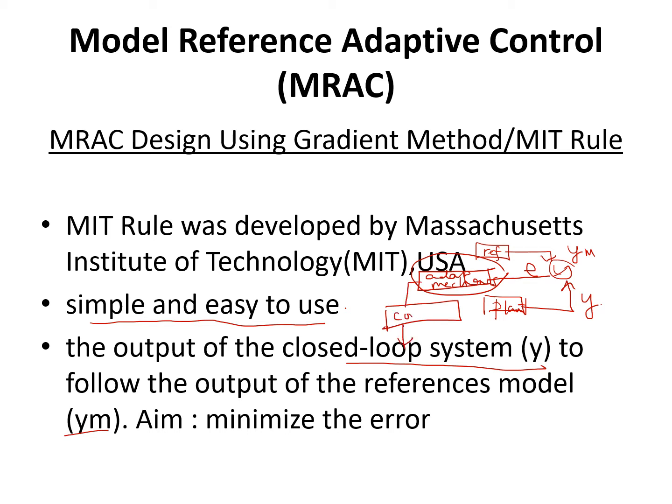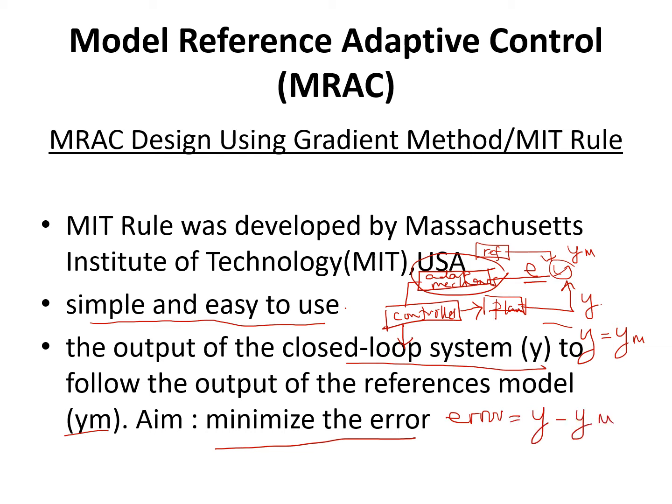We want to make sure that we are able to minimize the error, and the output of the plant Y follows the output of the reference model YM. The error is equal to Y minus YM.